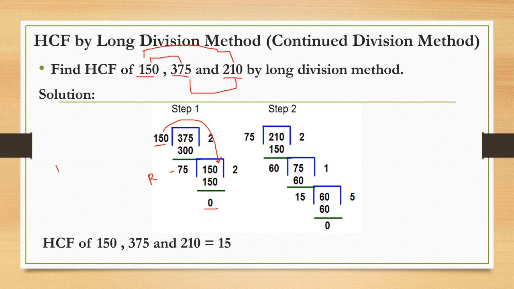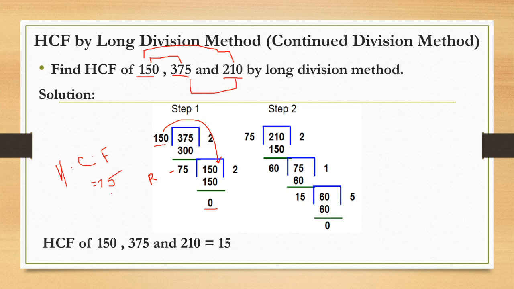So HCF of 150 and 375 is 75. Okay, we found the HCF of these two numbers, that is 75.